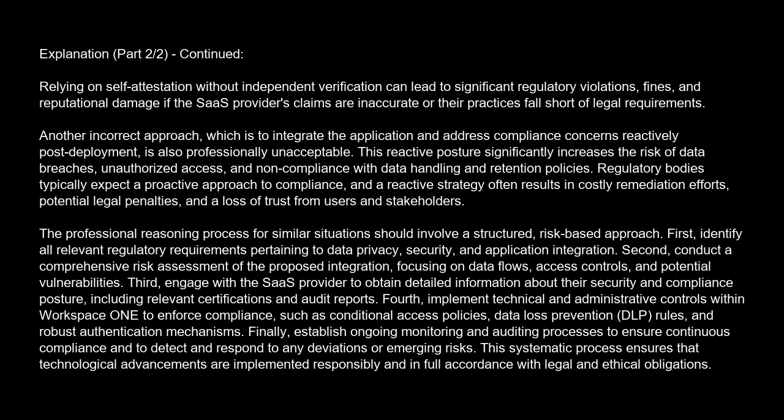Third, engage with the SaaS provider to obtain detailed information about their security and compliance posture, including relevant certifications and audit reports. Fourth, implement technical and administrative controls within Workspace ONE to enforce compliance, such as conditional access policies, data loss prevention (DLP) rules, and robust authentication mechanisms.